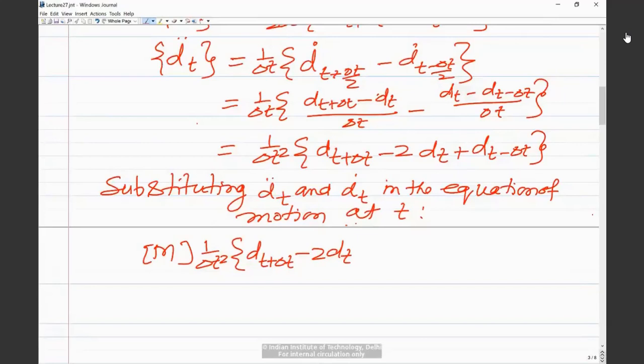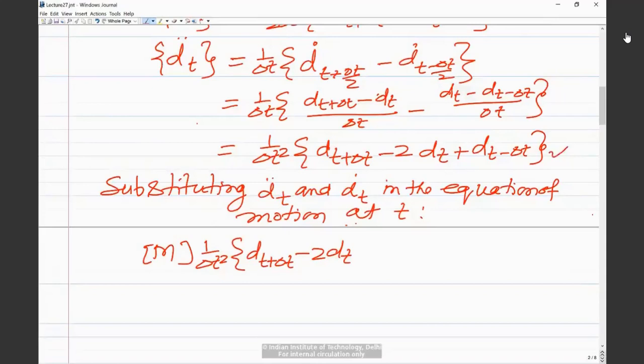So that involves more the solution at other previous steps. So when we start this, you need the solution at t minus delta t, minus 2 delta t, which is not possible to get. So the best way is to write this d double dot in terms of values of the central second derivative.